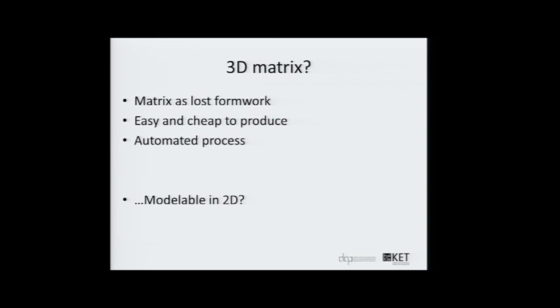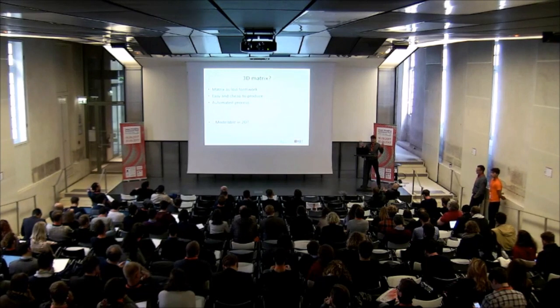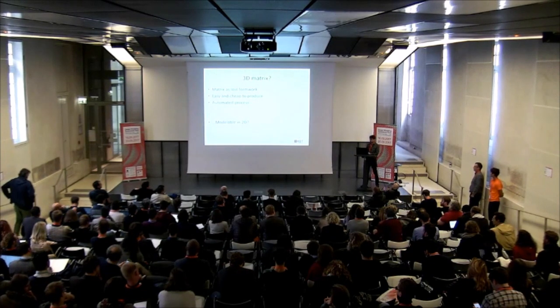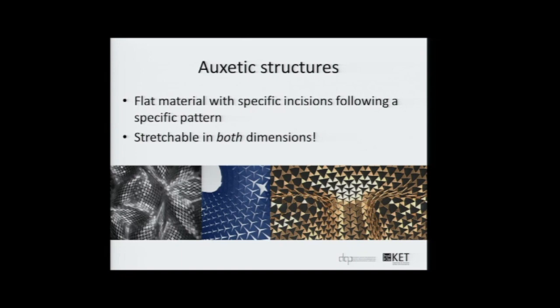Is there a way to use the computational resources we have nowadays to translate all the three-dimensional information into a two-dimensional structure so that it can be manufactured in 2D? That's the question. And in fact, there is.